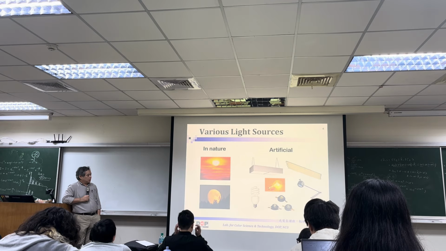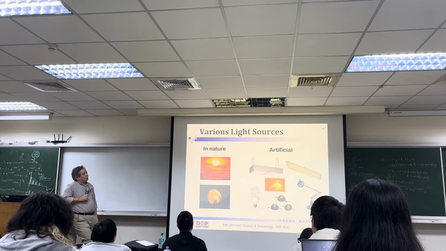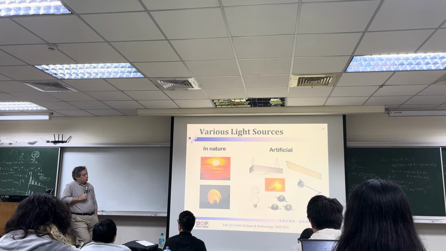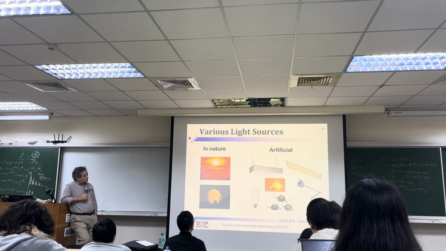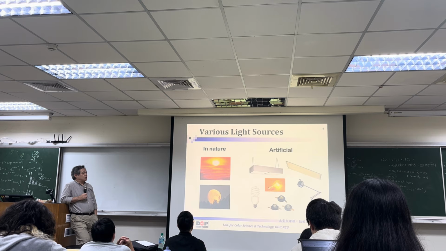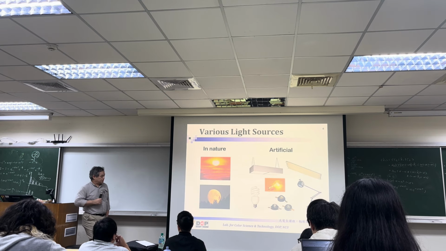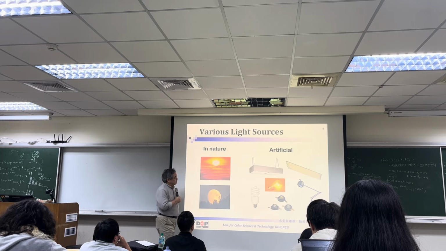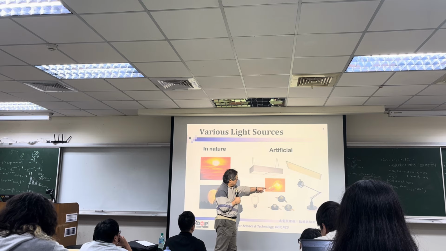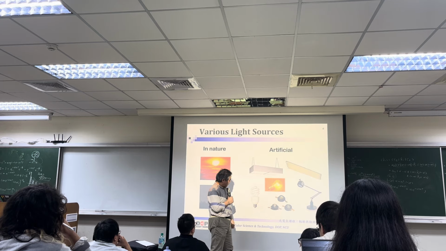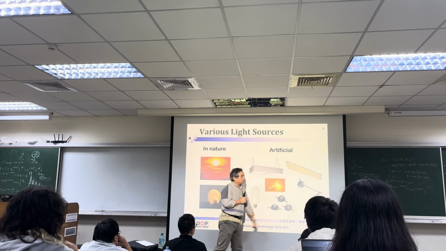Okay. But right now we have artificial light sources, so the moonlight does not have so many applications. Right? So this is a fluorescent light lamp, and this is the bulb, okay? LED lights.